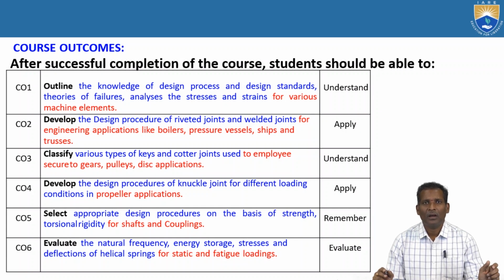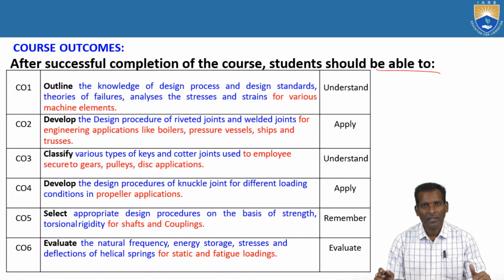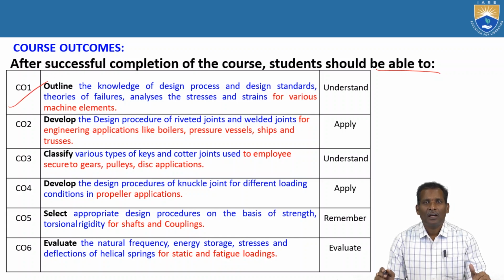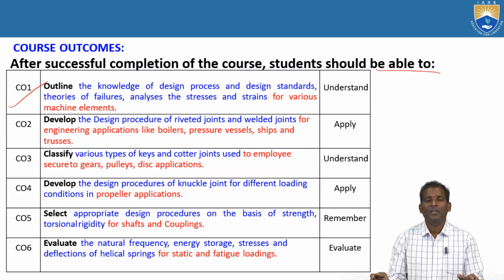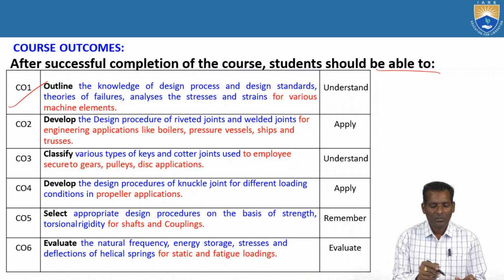Next, course outcomes. After successful completion of the course, the students should be able to learn. First, CO1 is to outline the knowledge of design process and the design standards, theories of failures, and analyze the stresses and strains. Various types of stresses and strains are there for various machine elements.